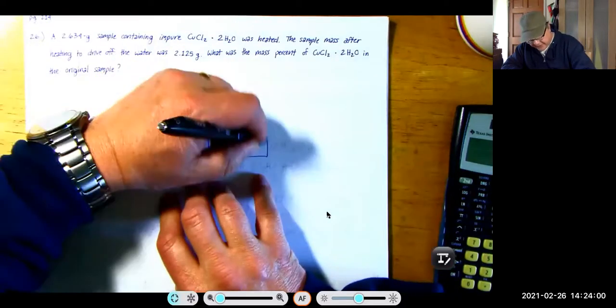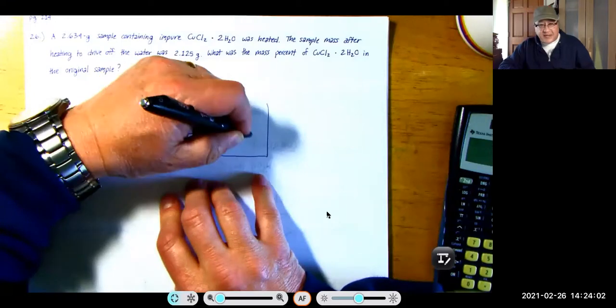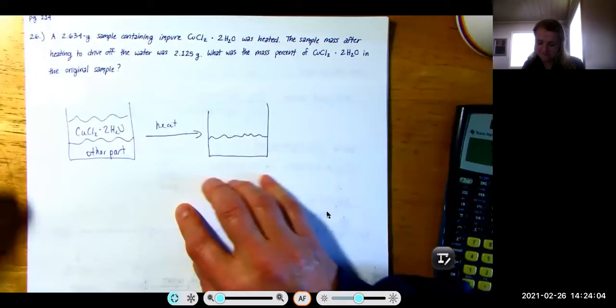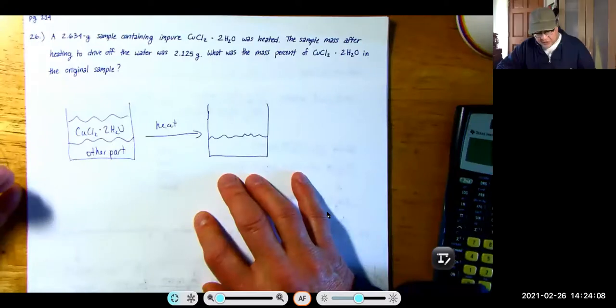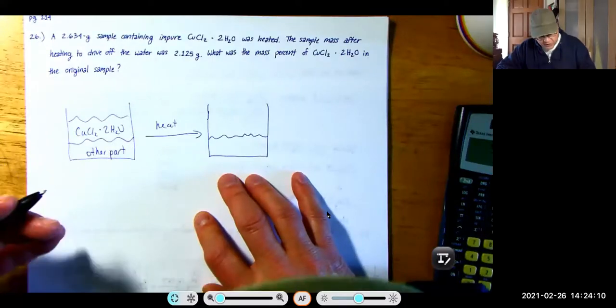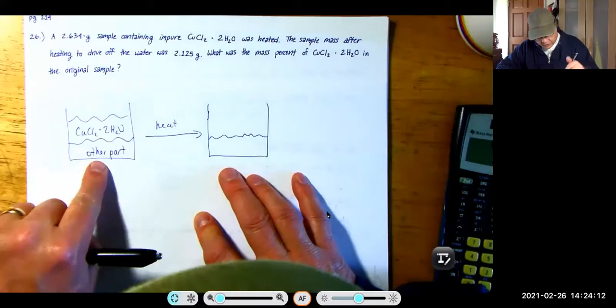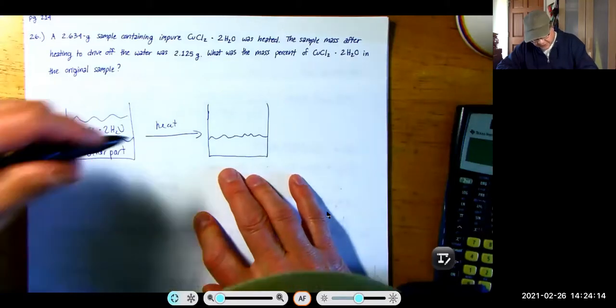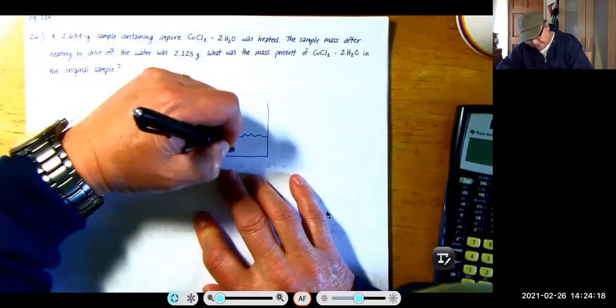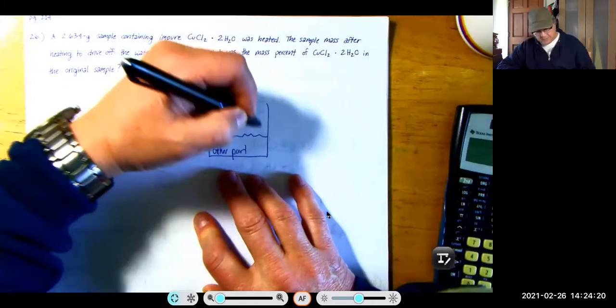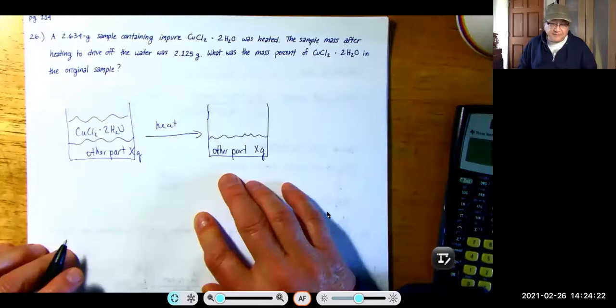You know how they say, don't make assumptions because it makes an ass out of you and me? That's not the case in science. In science, we want to make good assumptions. We're going to assume that this other part, which weighs X grams, nothing happens to it. No water comes off of it.